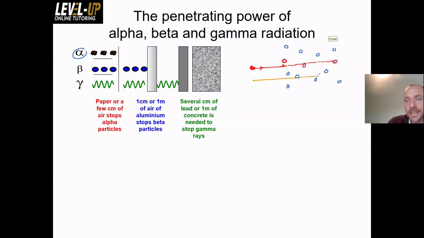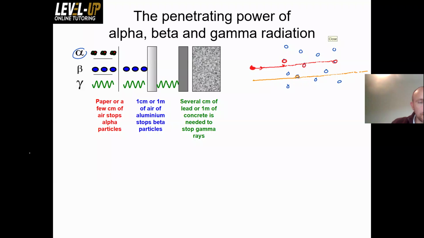It gets close to this one, but it's not very ionizing, so it's not going to manage to ionize that one because it's got a small mass, a small charge. Doesn't manage to ionize that one. So it can keep going. It's only going to ionize the ones that it gets very close to. Because it's not as ionizing, it doesn't lose energy so quickly, and therefore it is going to be more penetrating. It's going to go further.